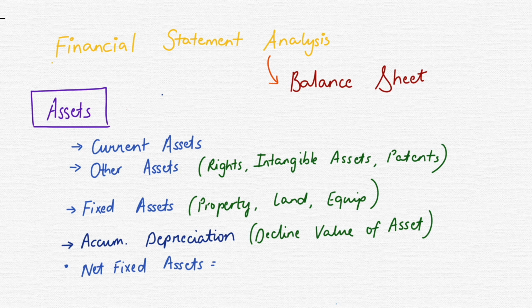So you've got your net fixed assets, just pick a different color, and you've got your fixed assets. And you add it with your accumulated depreciation.